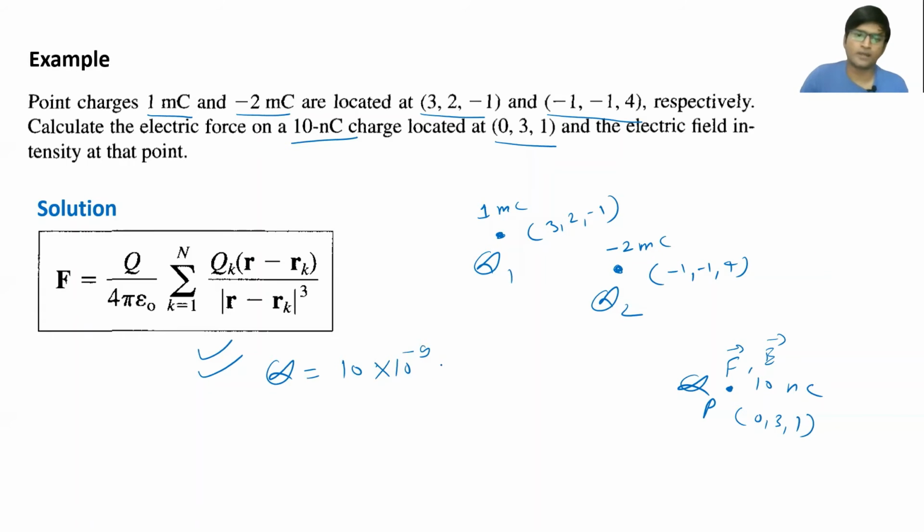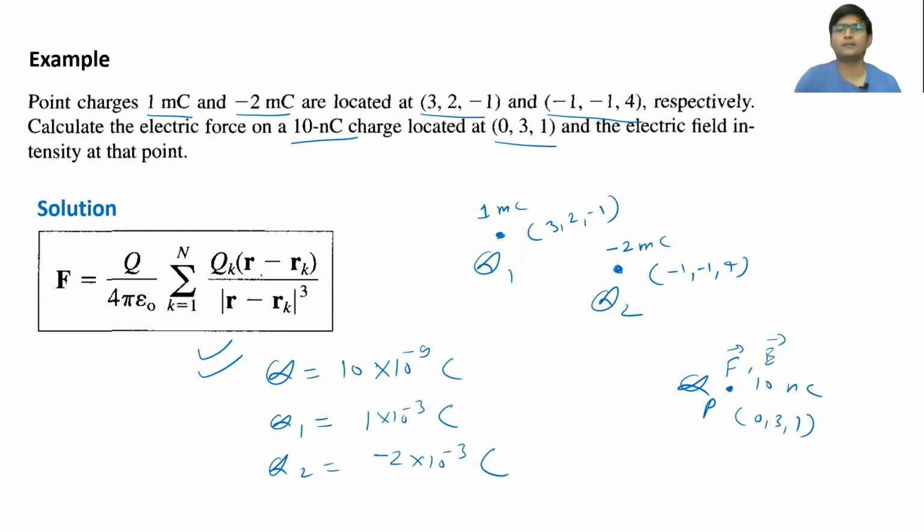So 10 into 10 to the -9 coulomb. Then Q1 is equal to 1 into 10 to the power -3 coulomb, since milli means 10 to the power -3. And then Q2 is equal to -2 into 10 to the power -3 coulomb. Now we will have to calculate the vector values, right?